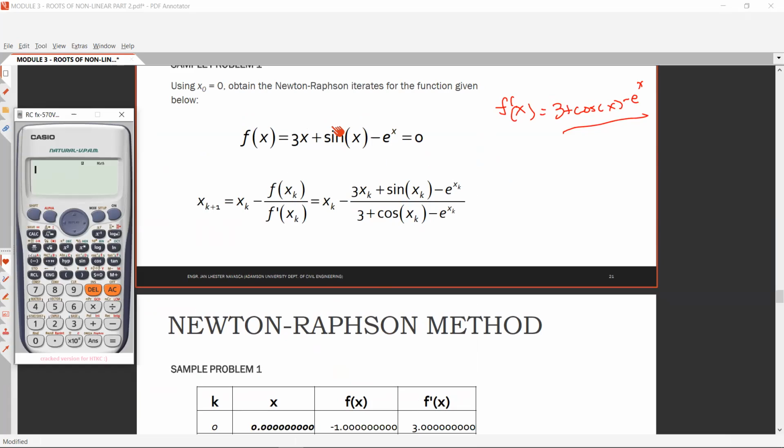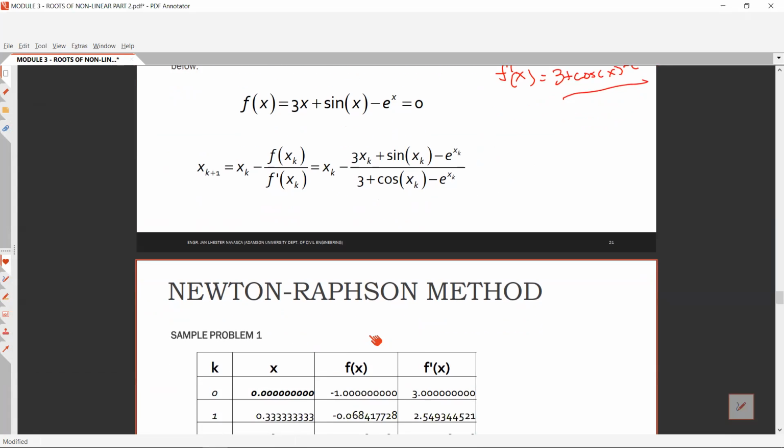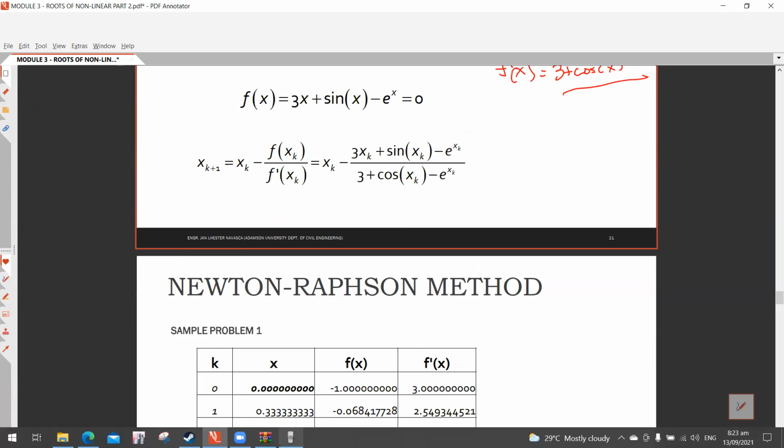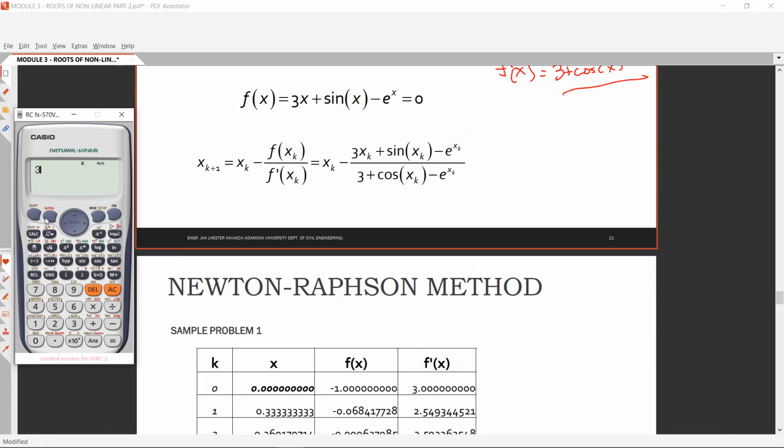For this one, yung k sub 0 natin, syempre, isa-substitute natin yung f of x natin. For getting the f of x, ilagay mo lang yung function mo. So, 3x plus sine x. Dapat naka-radian kayo, class, ha? Radian, minus e raised to x. Calculate natin at x equals 0, you have negative 1.